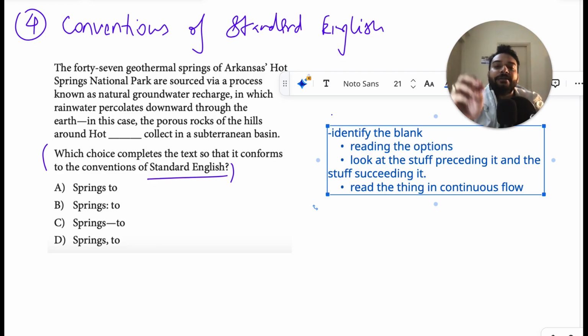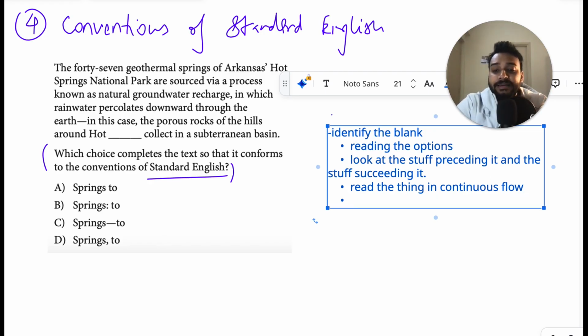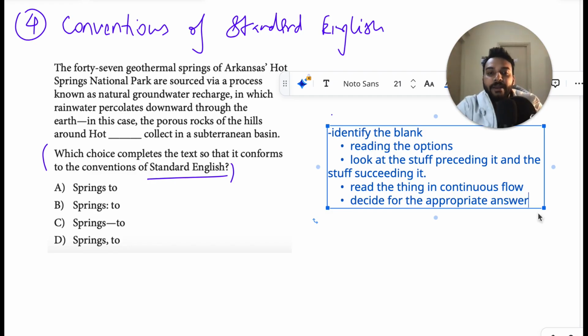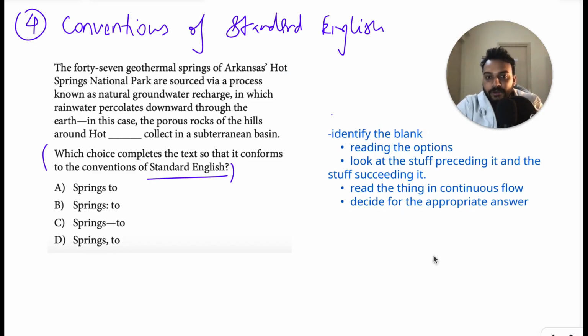Options will tell you a pattern here. So read the options, since that won't take much time. Read the thing in continuous flow and decide on the appropriate answer choice.